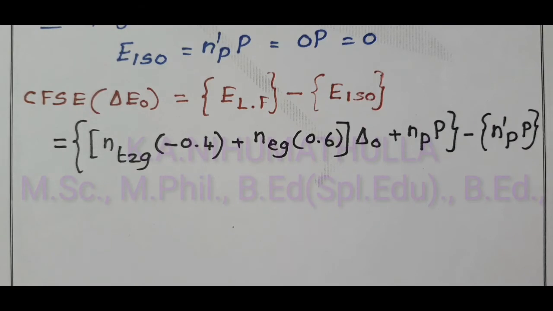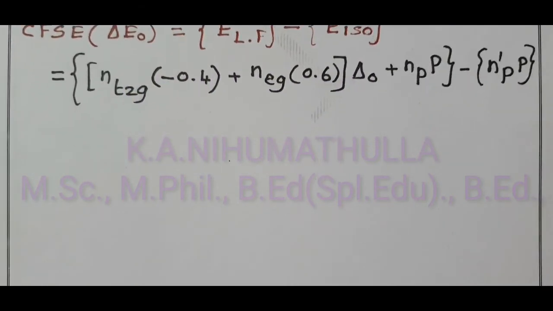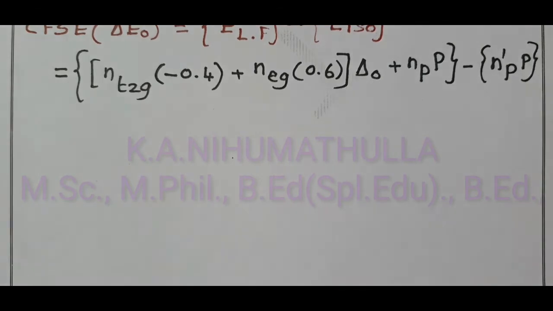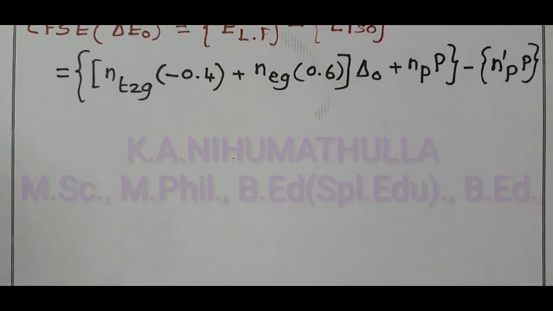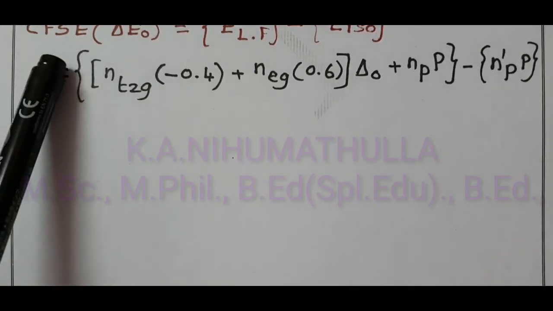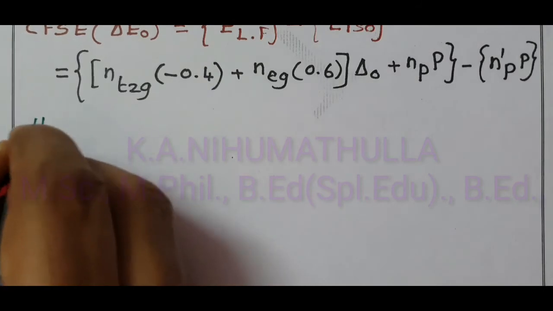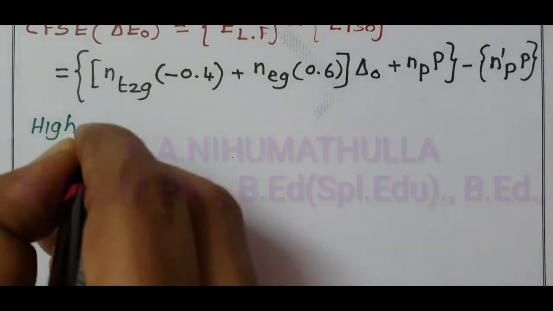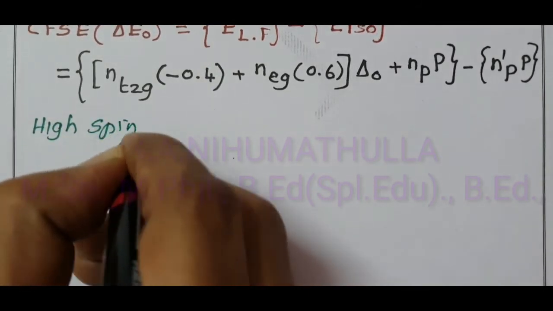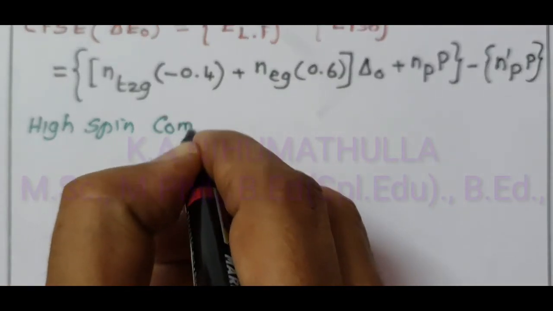Now for the given complex, we are going to calculate the crystal field stabilization energy for low spin and high spin complexes. First heading, for high spin complexes, how to calculate the CFSE?